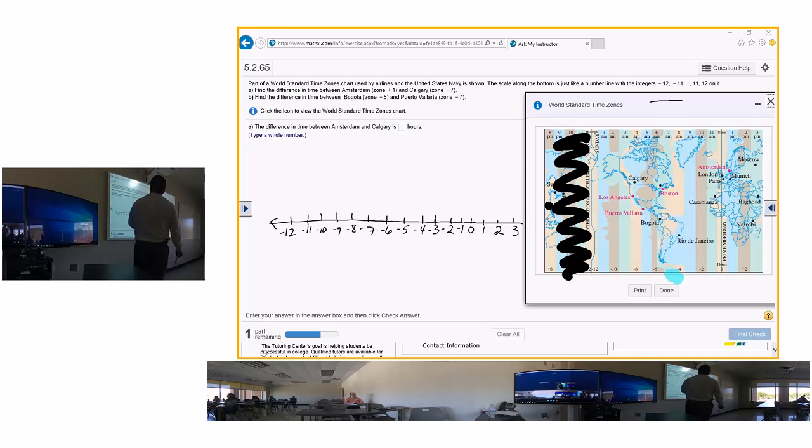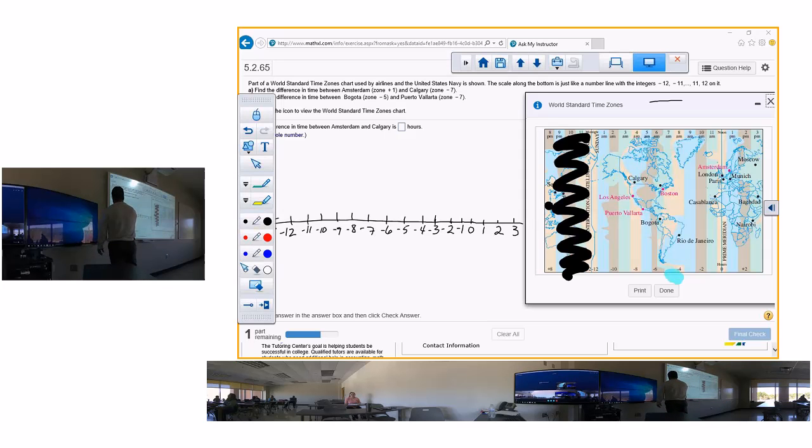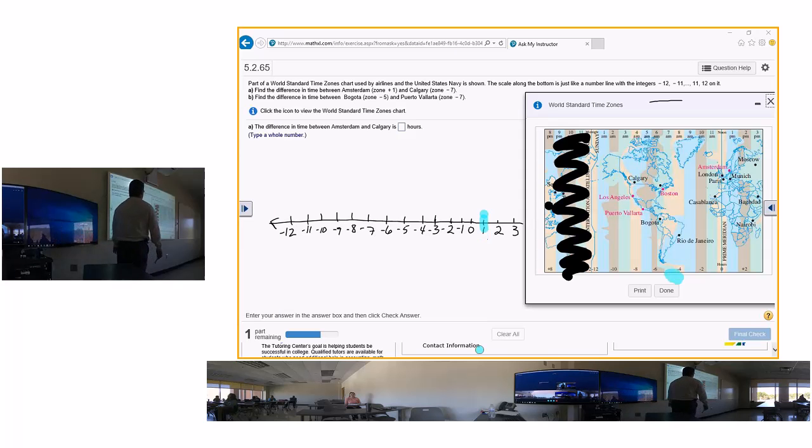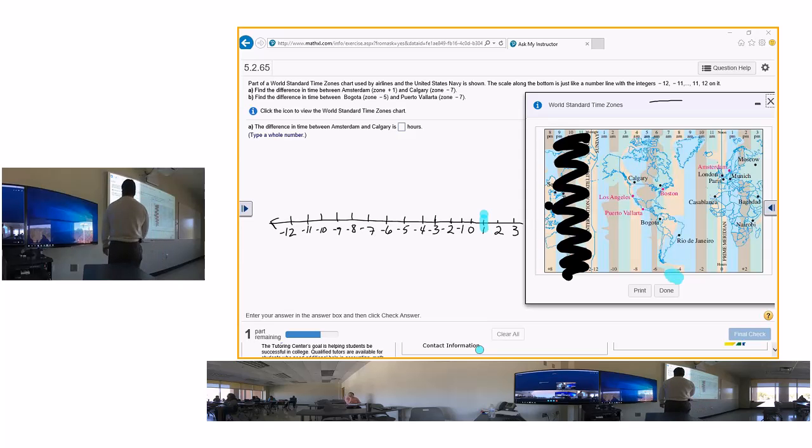Now it says Amsterdam's in zone 1, which is, take our handy dandy highlighter, and Calgary is right here. And they're saying go from Amsterdam to Calgary, which is negative 7. Now, what is the distance?